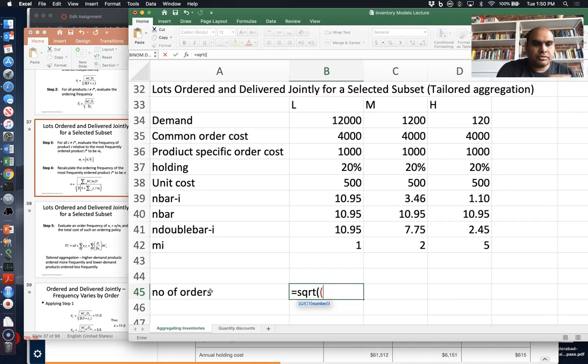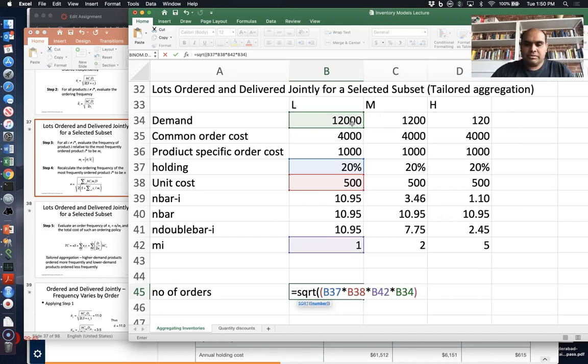This is going to be H times C times M times D, and we're going to add this to the others.